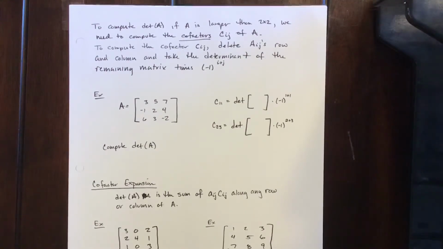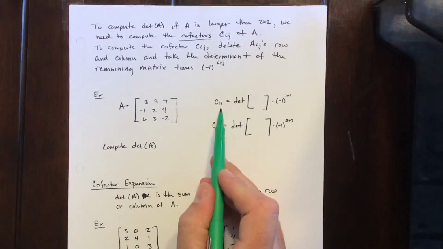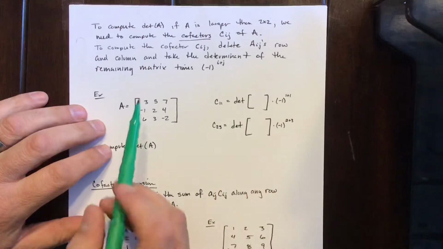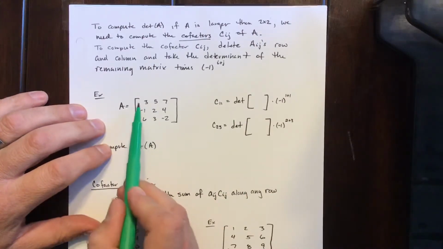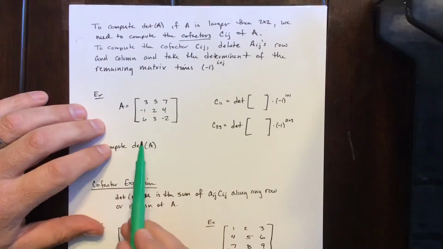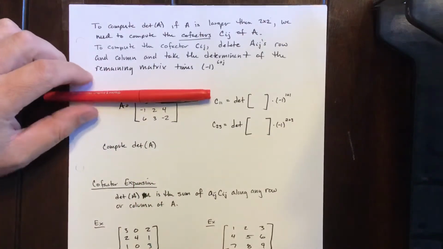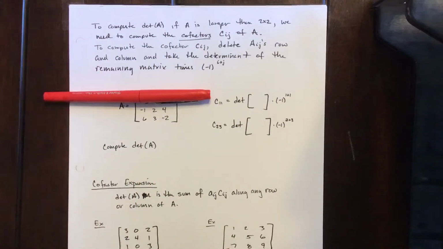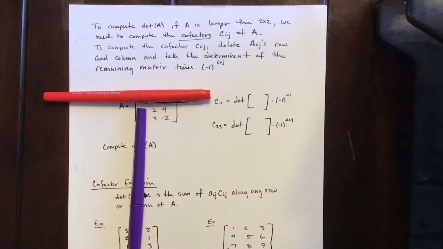Okay, so what does all that mean? First off, look at C11, the cofactor for location A11, that's 3, okay? You're going to delete that row and column. So cross out 3, 5, 7, cross out 3, negative 1, 6. Well, I don't know if that shows up well, but you're going to basically do this. What are you left with?